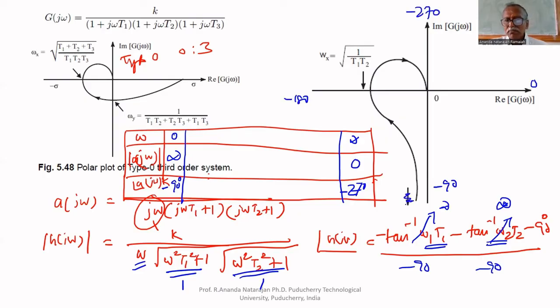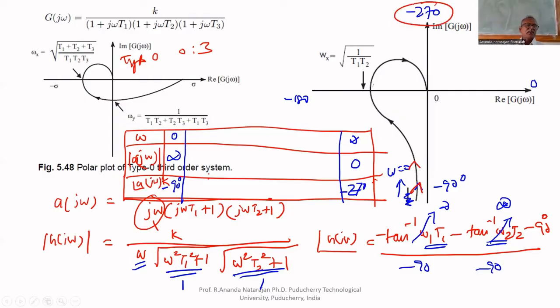It starts at omega equal to 0, where its magnitude is infinity, and the angle is minus 90. That's why it is coming from minus 90. The final angle is minus 270, therefore it ends at minus 270.